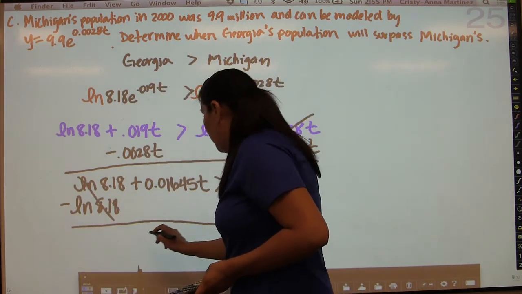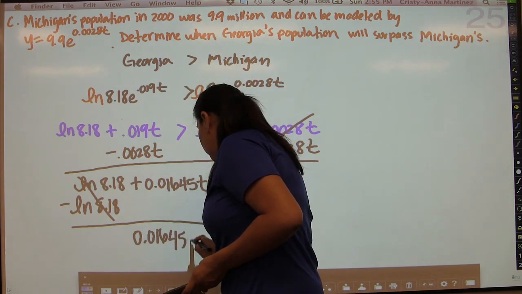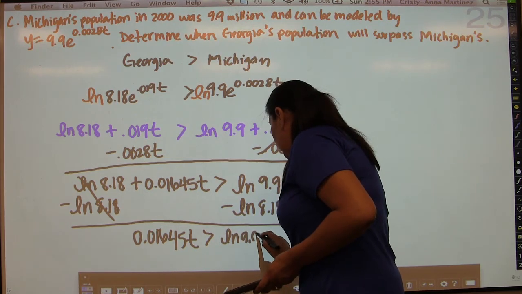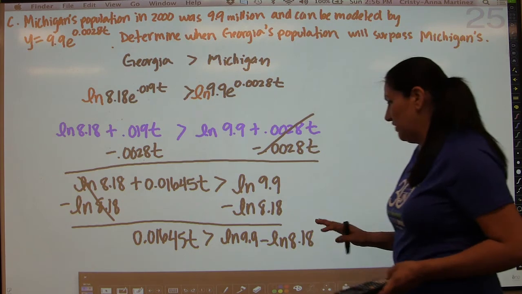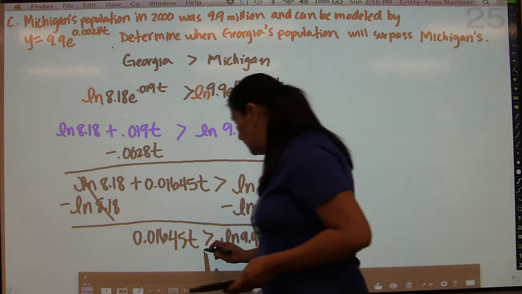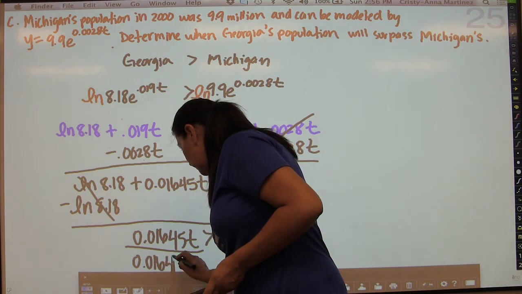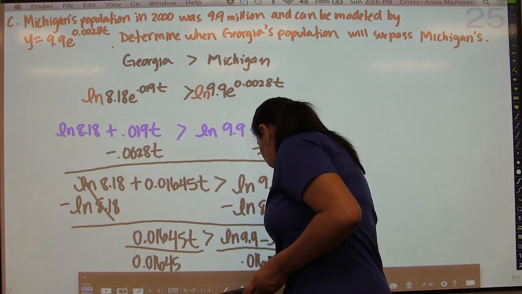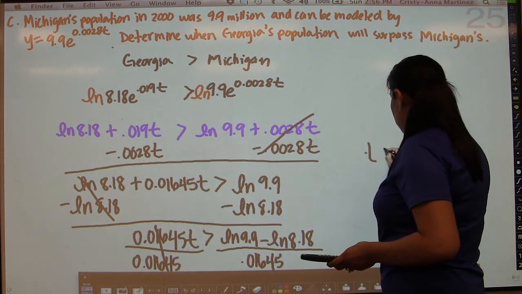So you're only going to have 0.01645t greater than ln 9.9 minus ln 8.18. Notice that I'm not going to put that into the calculator until the very end because I want the most exact answer. And so I would divide by 0.01645 on both sides. And that's going to give me that t should be larger than.